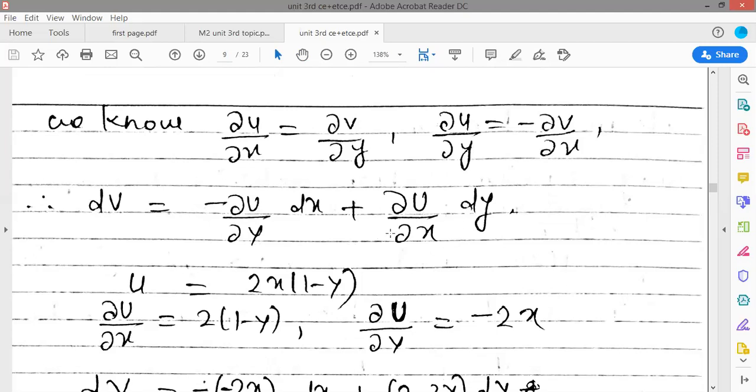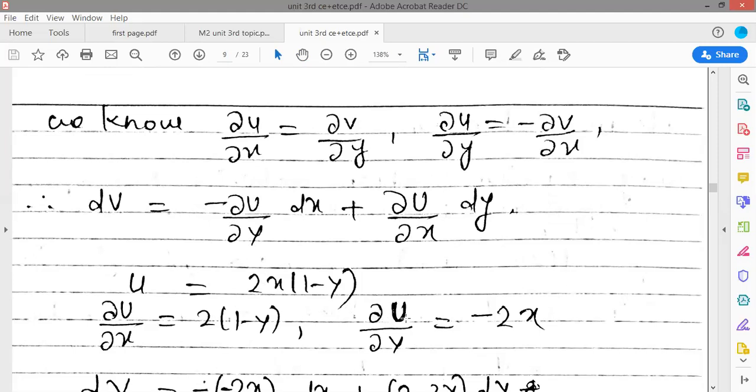Now we need to find the partial derivative of u with respect to x and with respect to y. So del u by del x is equal to: x is differentiated partially with respect to x, so the differentiation of x is 1. So only 2(1 minus y) will be here, where y is treated like a constant, because in a partial derivative the other variable is always treated like a constant.